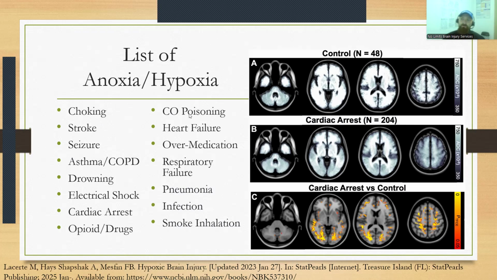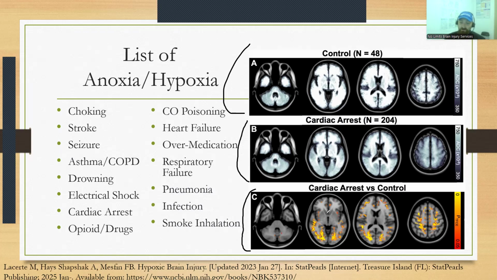And how does this tie in with brain injury? Well, this image on the right here shows a control and a cardiac arrest survivor brain. Now, if we look at those images separately, we don't really see that much of a difference. But when we compare the two in section C, we start seeing the damage show up. This would have to be done by a trained eye, control versus the injury.